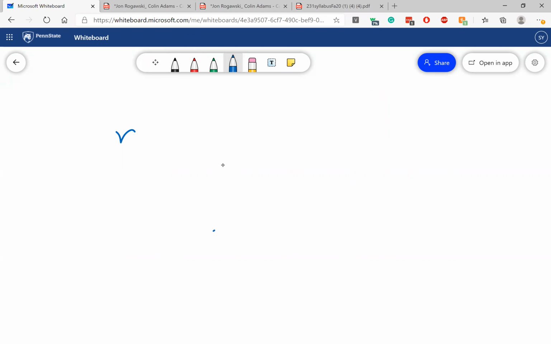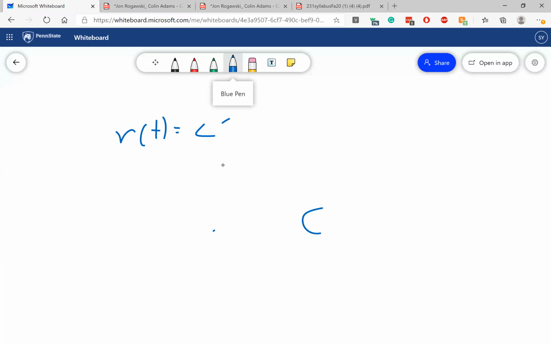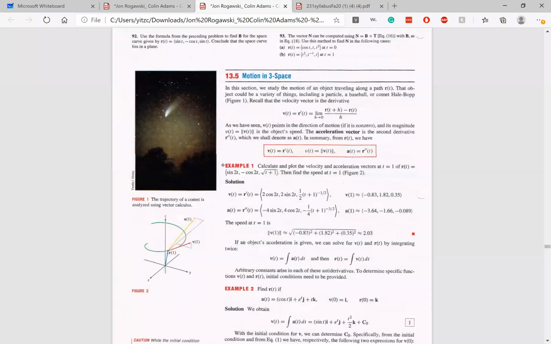So we have r of t equal to sine of 2t, negative cosine of 2t, and the square root of t plus 1.